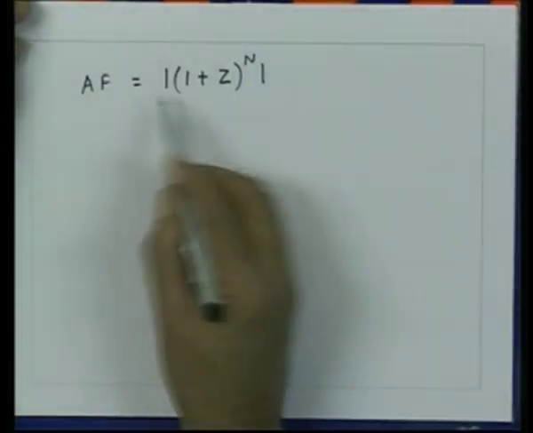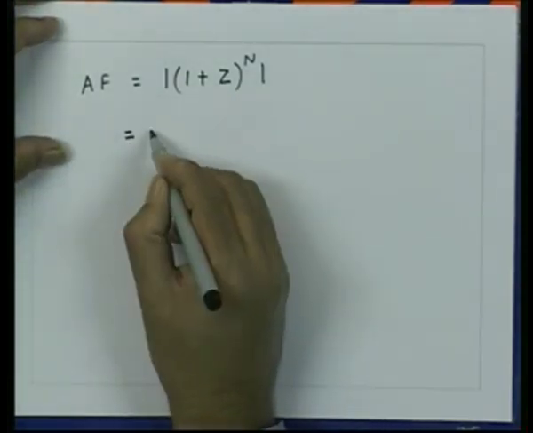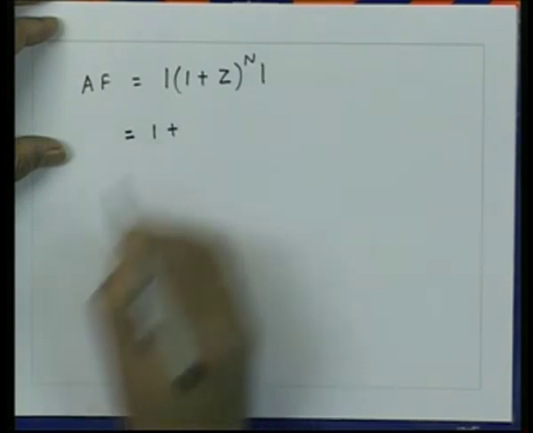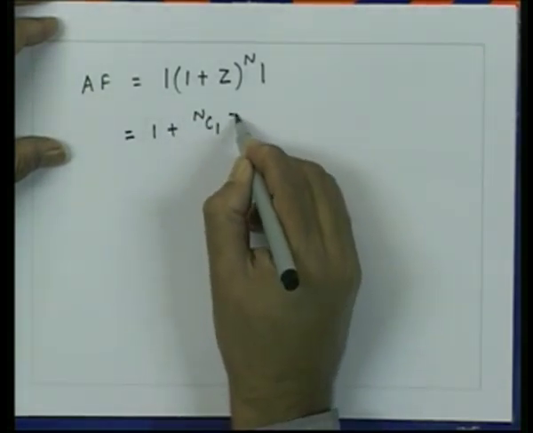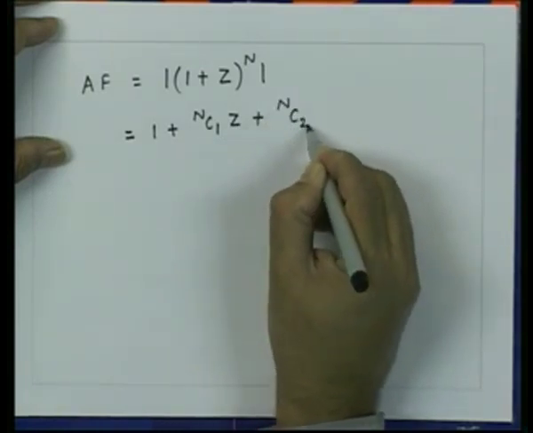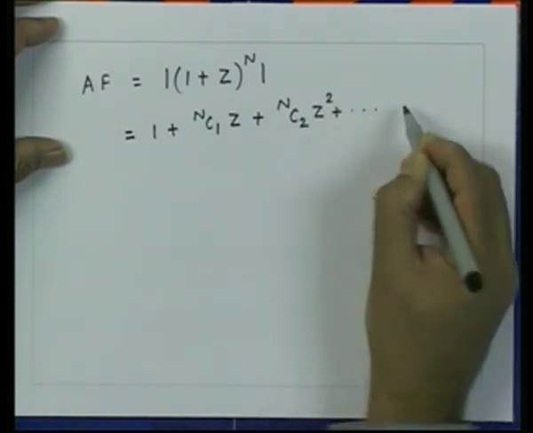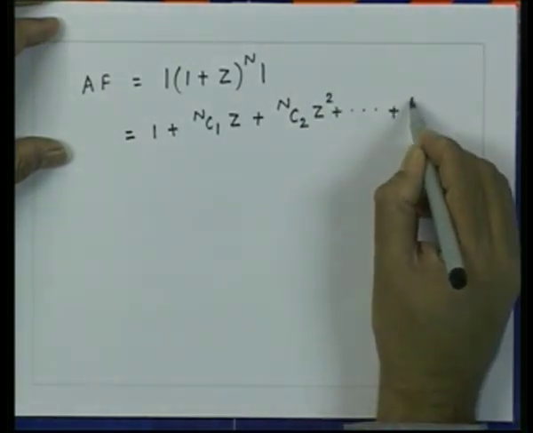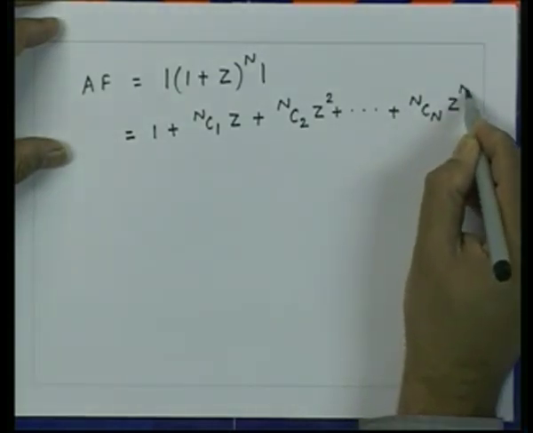If I expand this binomially, I will get 1 plus nC1 z plus nC2 z square plus and so on up to nCn z to the power n.